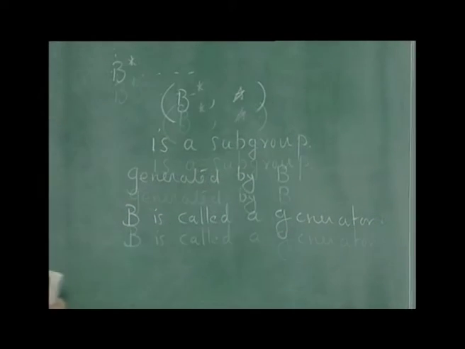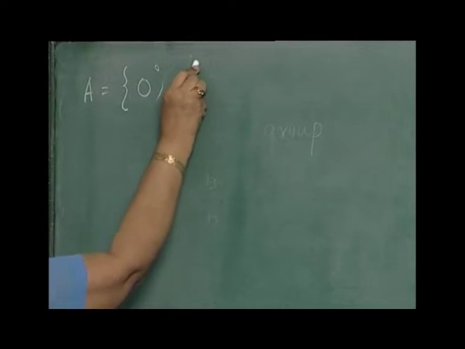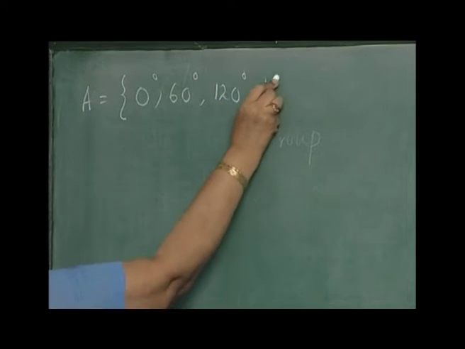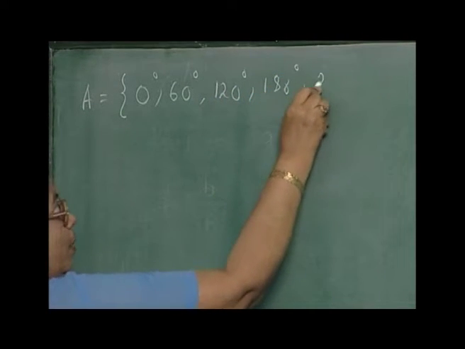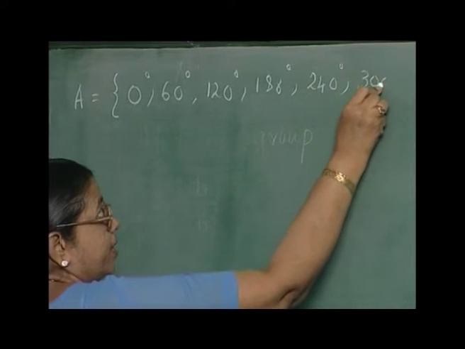Look at this example of rotations about a plane. The set A is taken as the set of rotations 0 degrees, 60 degrees, 120 degrees, 180 degrees, 240 degrees, 300 degrees.